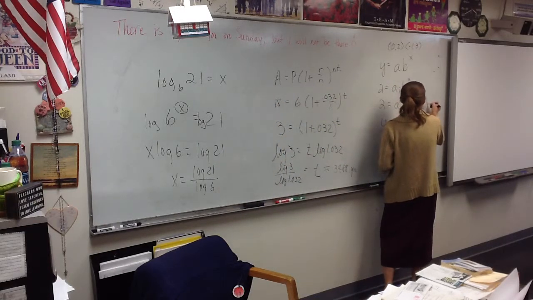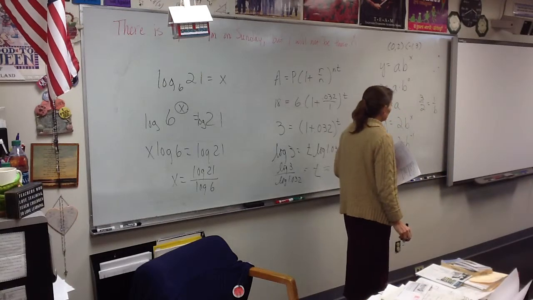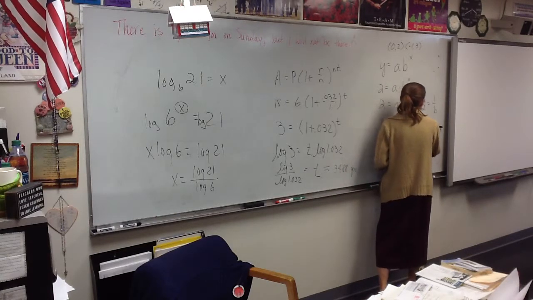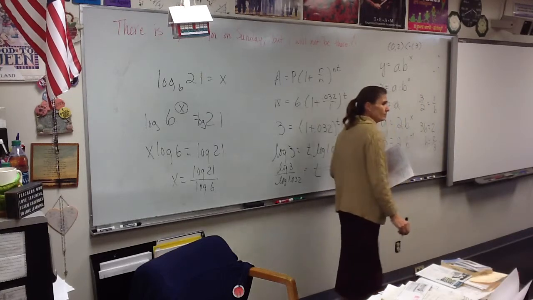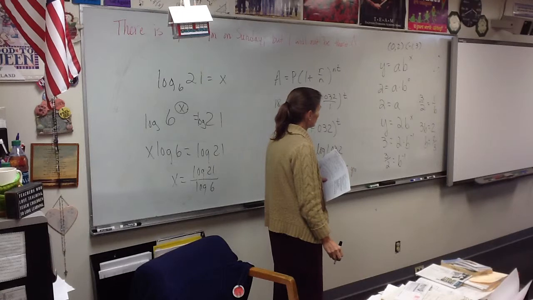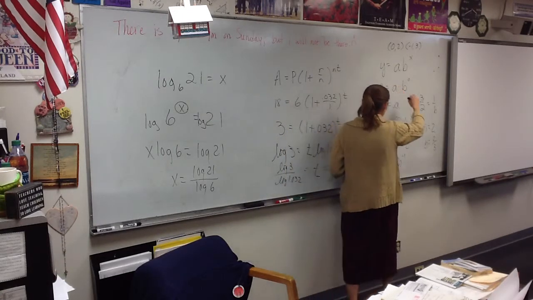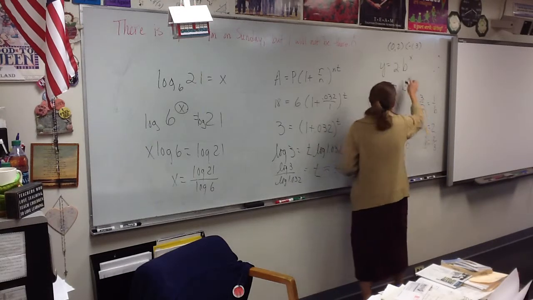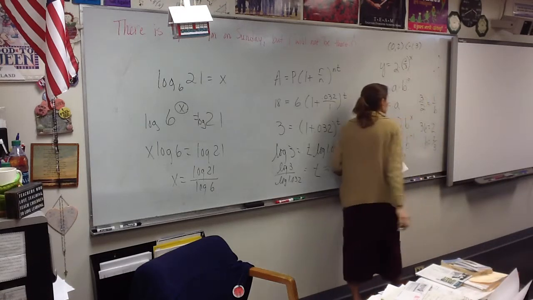So 3/2 equals 1 over b. So 3b equals 2 and b equals 2/3. So my equation ends up being y equals 2 times 2/3 to the x.